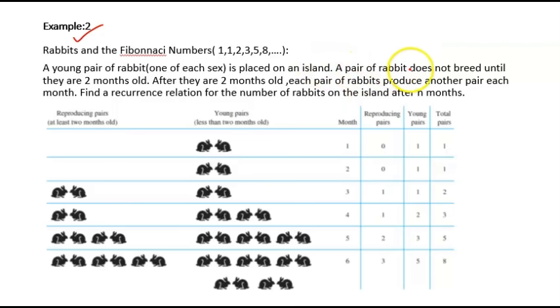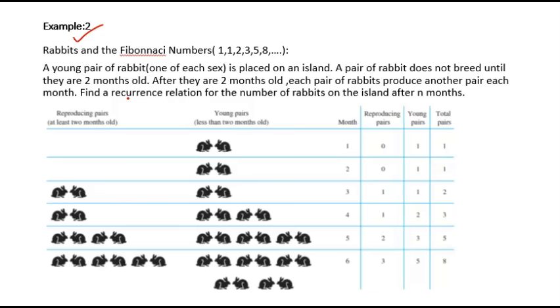A pair of rabbits does not breed until they are 2 months old. After they are 2 months old, each pair of rabbits produces another pair each month, right? Find a recurrence relation for the number of rabbits on the island after n months. So here it is also assumed that no rabbit is dying at any point of time.